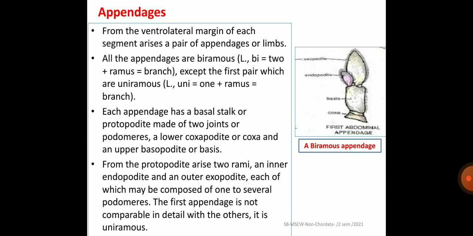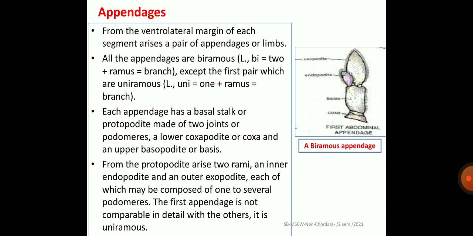All these appendages are called biramous or typical appendages. In Latin, the word bi means two and ramus means branch. So two branched structures are present, except the first pair, which are uniramous. Again, in Latin, uni means one and ramus is a branch.